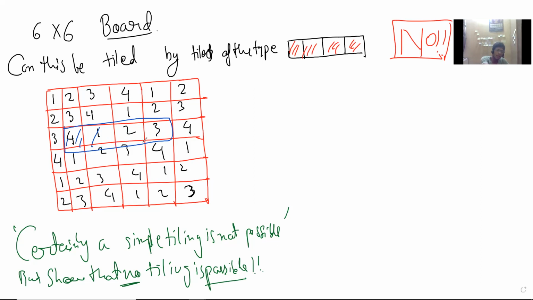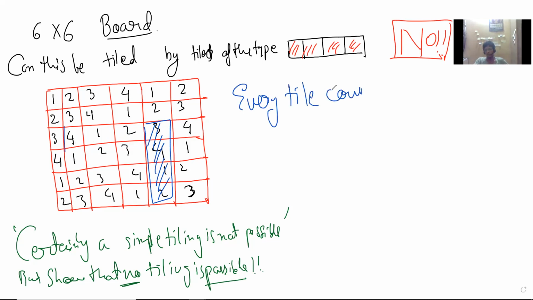So if you put the tile in some other way, it should be clear now, no matter how you place them, it will cover 4 distinct numbers. Everybody sees this, yeah? This is your hint, okay? Every tile covers 4 distinct numbers.